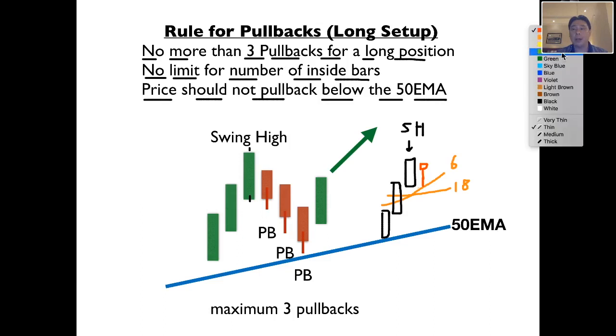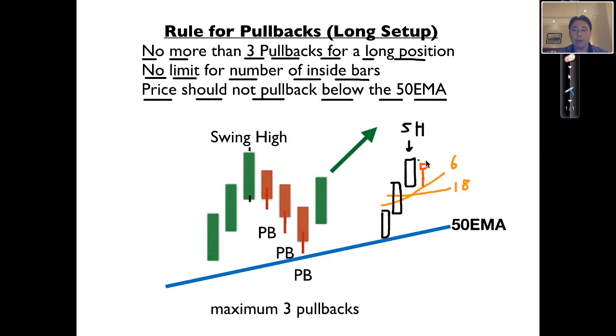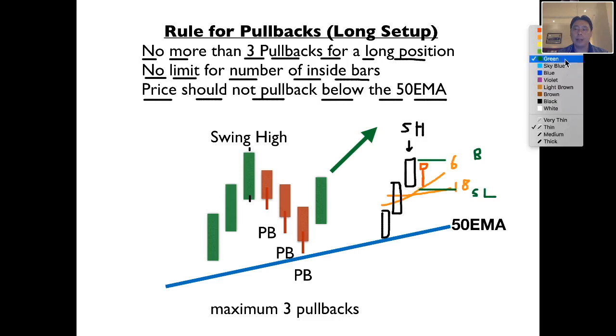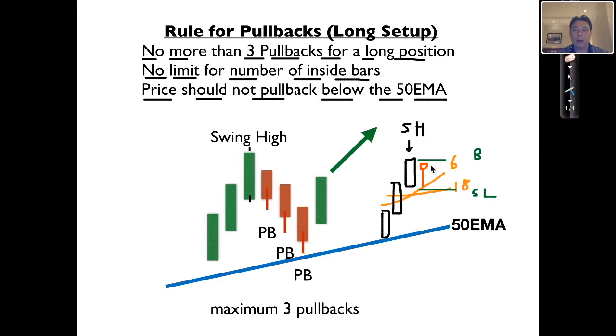So again, my buy order will be right above the high of that candle, and the stop loss will be somewhere over there. Okay? And then hopefully the next candle will make a new high, trigger my buy order, and get me in the trade. So these are all the possible combinations or permutations that can happen while you're looking for a trade setup.